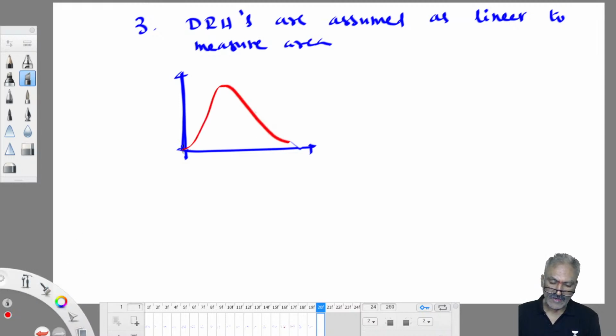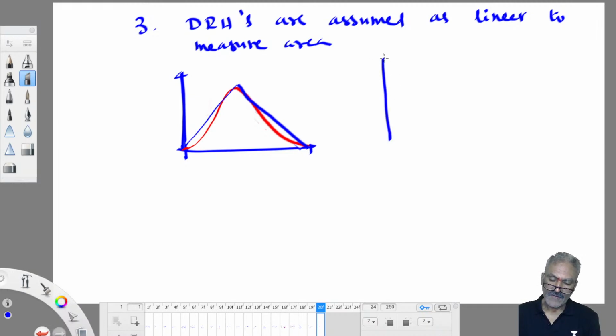Suppose you have got a hydrograph like this. Okay? You have got a skew type hydrograph. Skew type hydrograph and squatty type hydrograph, two types are there. If a sharp peak is there, then it is idealized as a triangle. Right? Something like this.